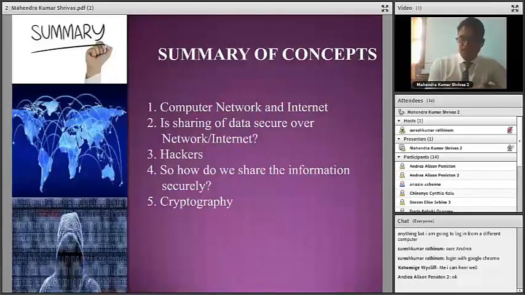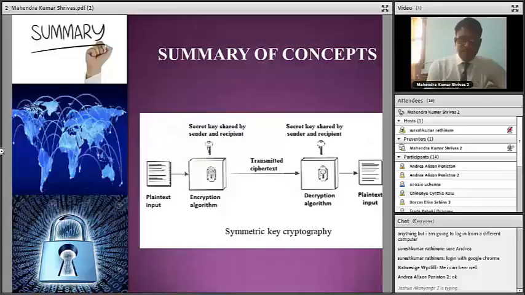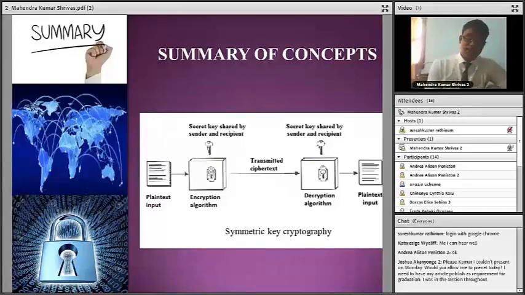That is the whole concept behind it. We have two types of cryptography: the first one is symmetric cryptography, and the second one is asymmetric key cryptography. So what is the difference?